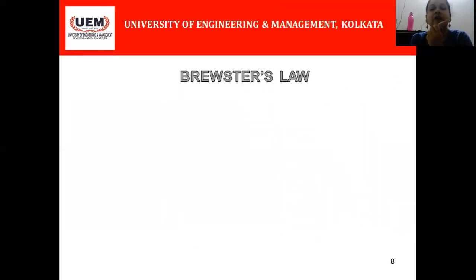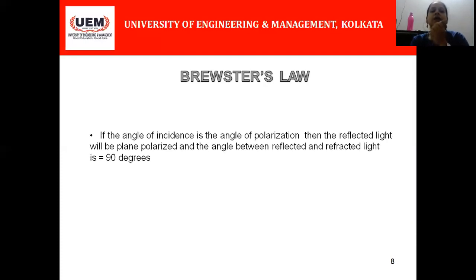Next, we have Brewster's law, which basically spells out this phenomenon of polarization through reflection. Brewster's law states that if the angle of incidence is the angle of polarization, then the reflected light will be plane polarized, and the angle between the reflected and refracted light is 90 degrees, or they are mutually perpendicular.